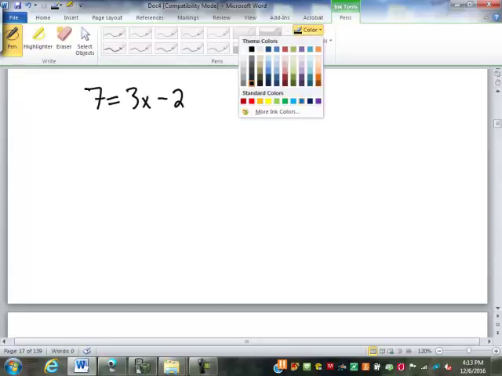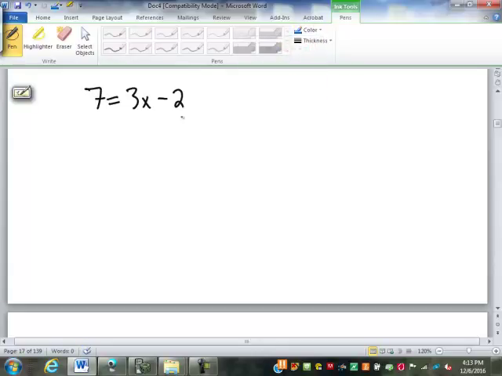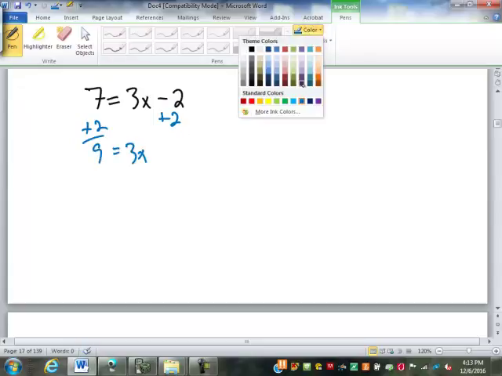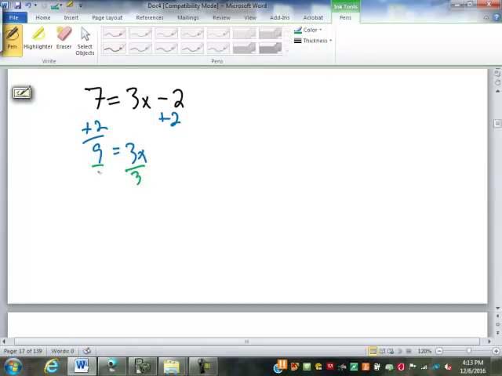7 equals 3x minus 2. How did we solve that? Add 2. 9 equals 3x, and then divide by 3. 3 equals x. Related to that one is this one.